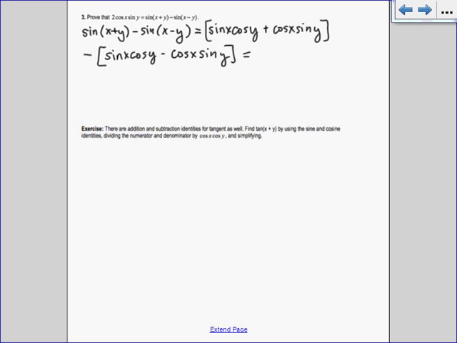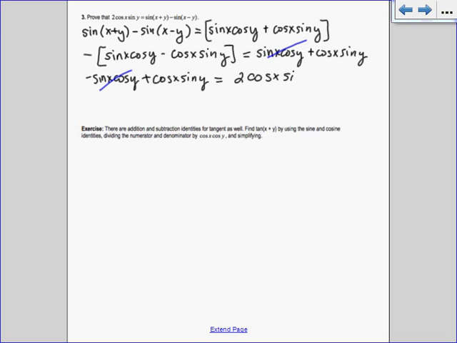Okay, so then I'm going to have sine of x cosine of y plus cosine of x sine of y minus sine of x cosine of y, and then plus, when I distribute the negative, cosine of x sine of y. And I notice that some of it goes away, right? So I have sine of x cosine of y minus sine of x cosine of y, so it goes away. And then I have 2 of the cosine x sine of y, which is exactly what we wanted it to be. Okay, so we got our answer in the end.